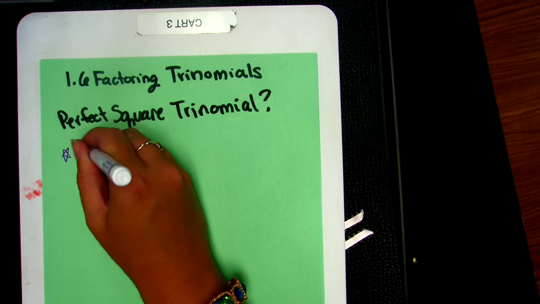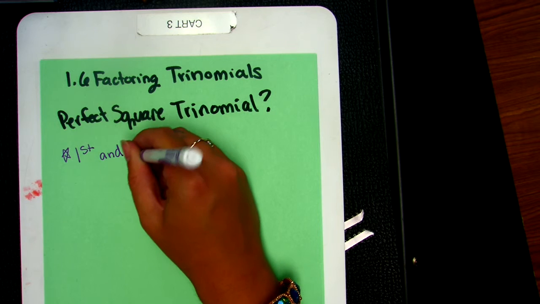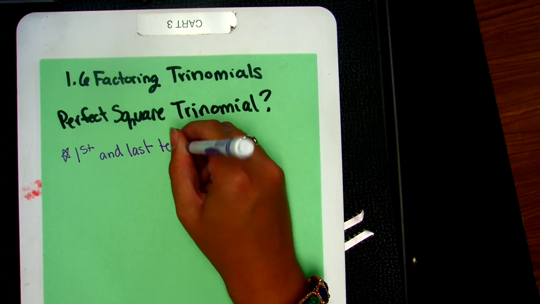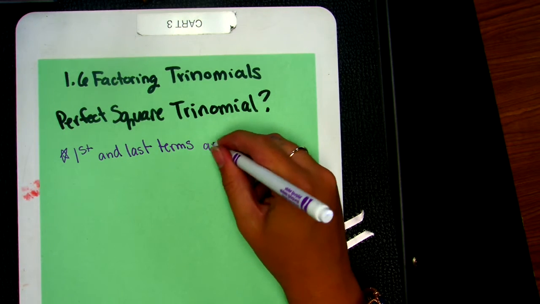So first and last terms are perfect squares.